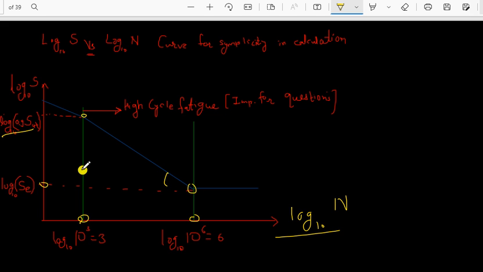So if you know this side of the triangle and this side of the triangle, you can find the theta, right? So basically questions are asked in this high cycle fatigue range, from here to here. So we will just consider this much portion of the graph, right?